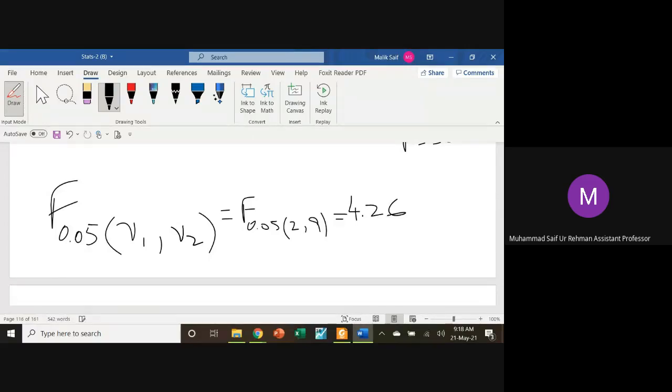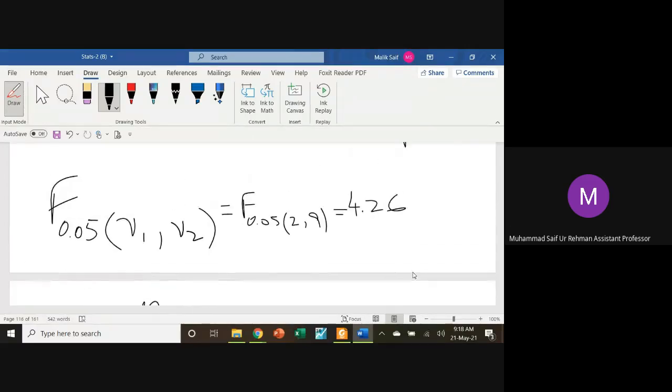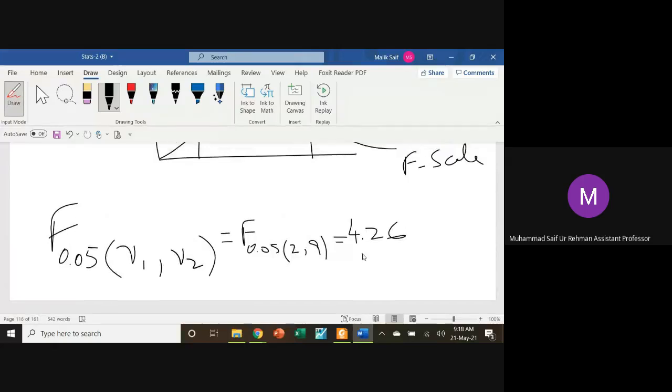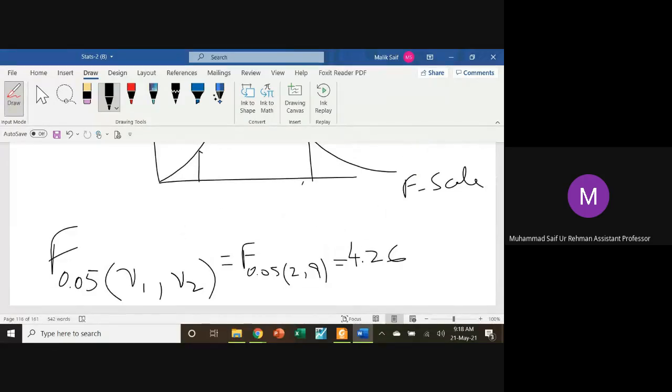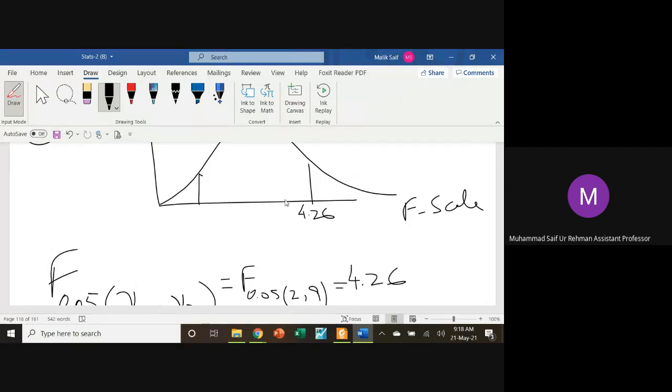And here in the decision rule, you may write down that if the computed or calculated value of the F statistic, which you will find using the formula, exceeds this value, then we would reject H naught. Otherwise, if it is not greater than this value, the calculated value will be less than this value, anywhere from this point up to this point, then you would remain unable to reject the null hypothesis.